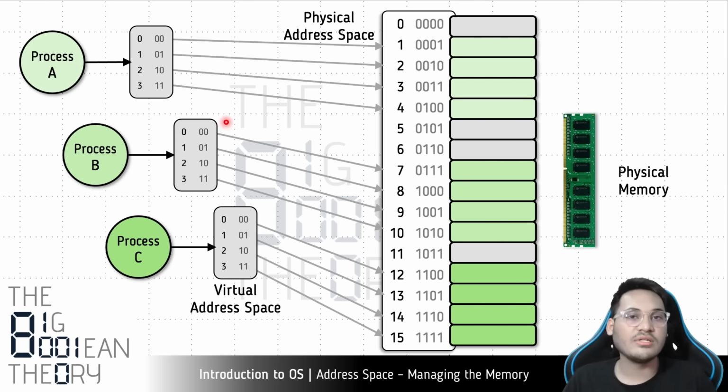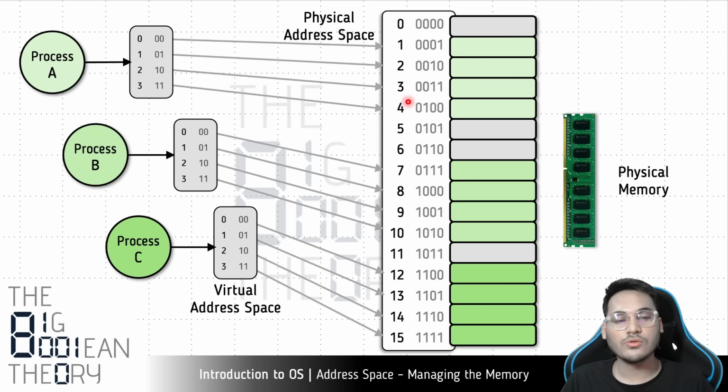Now that we understand what the virtual address space and the physical address space are, and how these two are linked with each other, let us see how the operating system creates the illusion of a private memory for each of these processes. If you carefully look at process A, the only addresses that process A can access are 0, 1, 2, and 3 in its virtual address space. And these addresses will lead process A to this region of the memory, from 1 to 4.